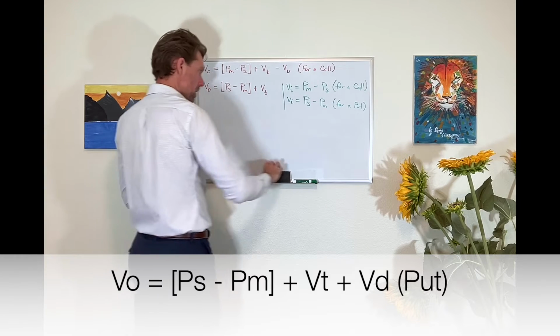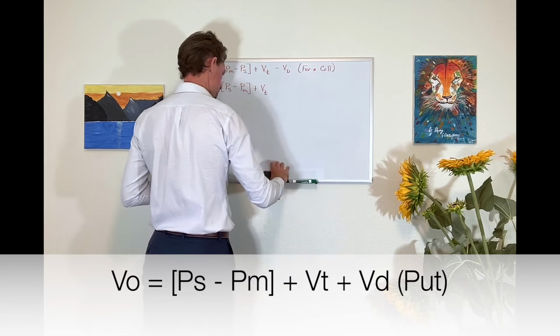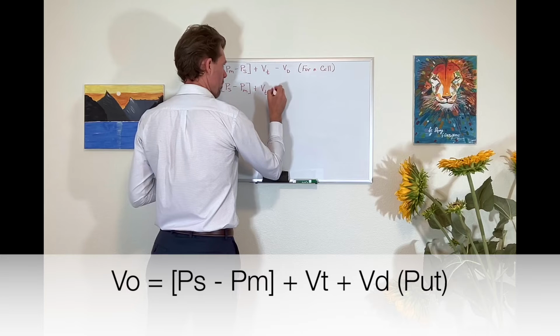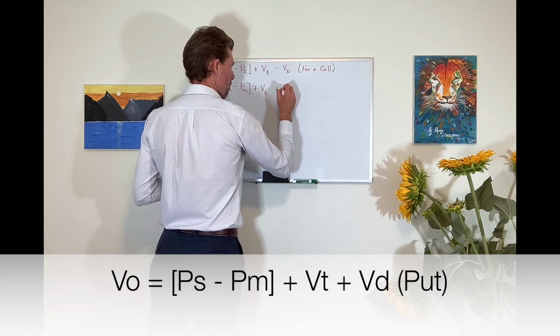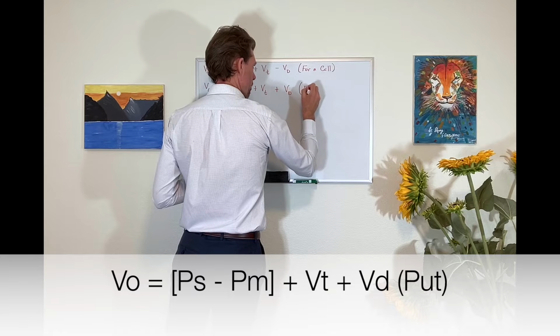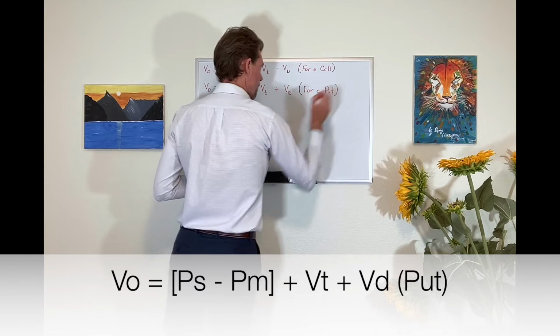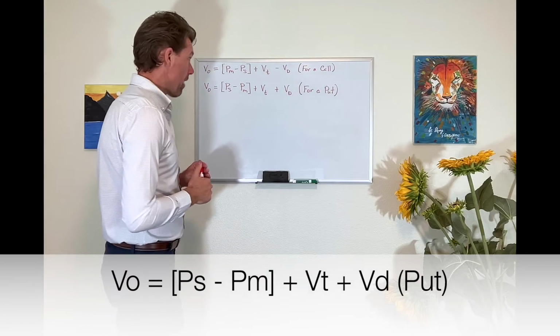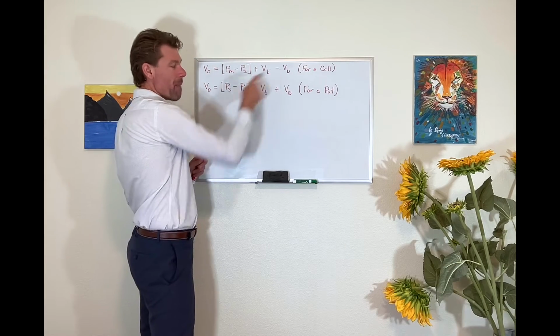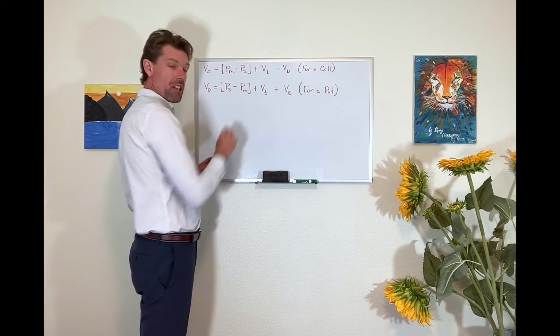I'm going to go ahead and erase this part to get this out of the way. Now, you may have recognized that I did not put a minus sign for the dividend value on the put side. I put a plus sign.